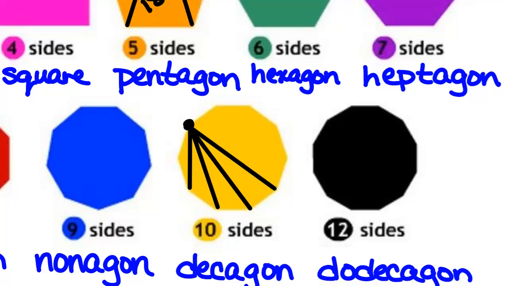I can go to this diagonal, this diagonal, this diagonal, and finally I can go to this one up here. I just can't go to the vertices right next to the vertex that I picked. How many little triangles can I break my 10-sided figure into? 8.